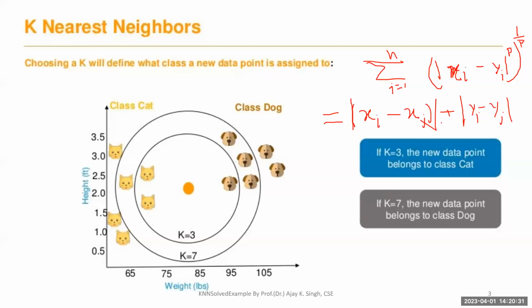So p is equal to 1 for Manhattan, and for Euclidean distance, it will be 2.